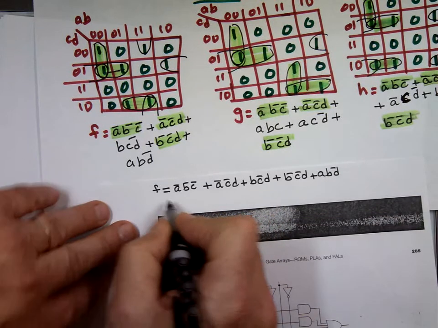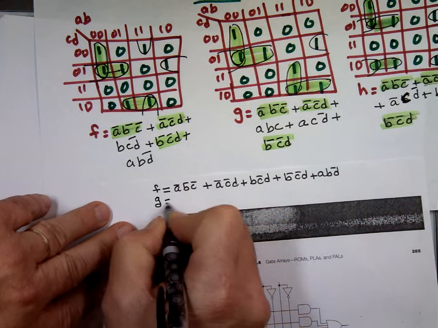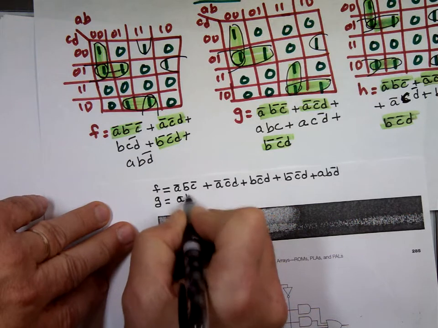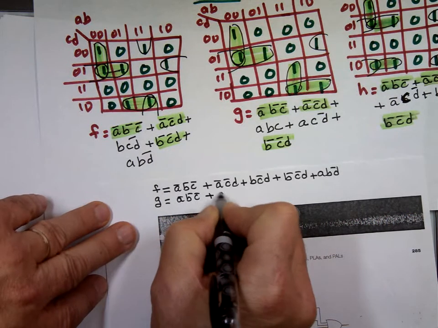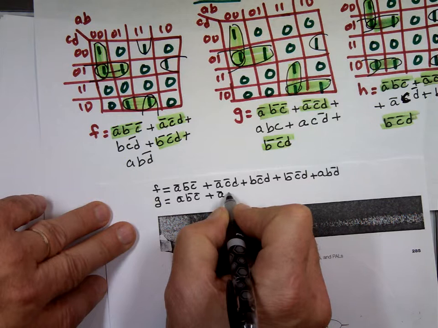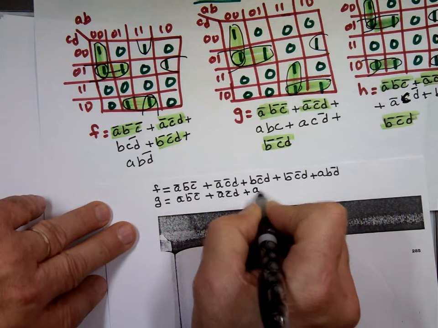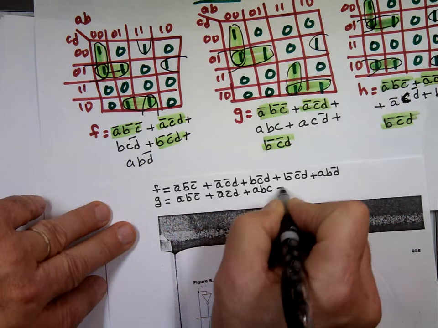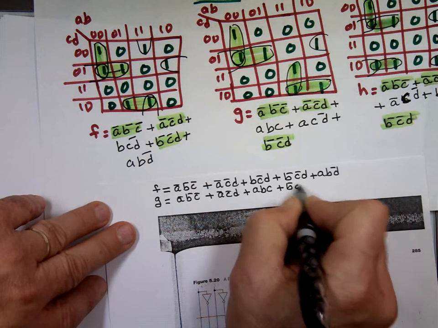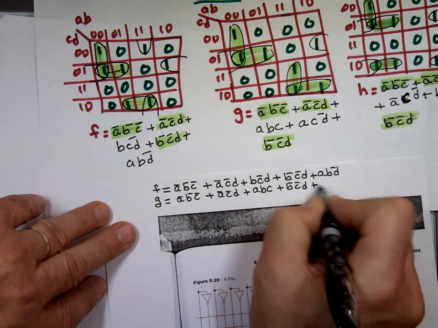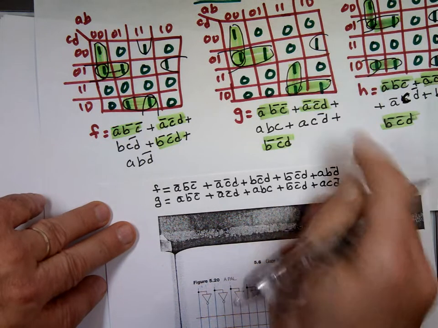G: A naught, B naught, C naught, plus A naught, C naught, D, plus A, B, C, plus B naught, C naught, D, plus A, C, D naught. I just reversed these two, trying to line them up.